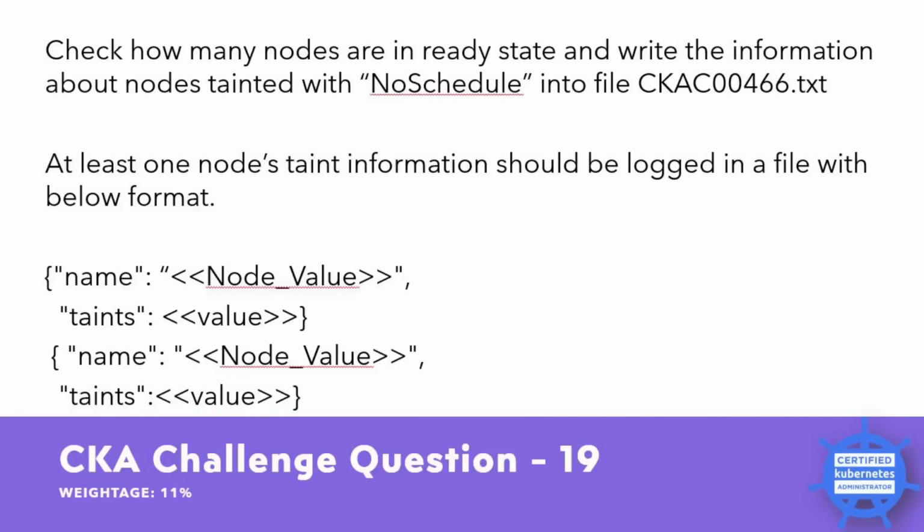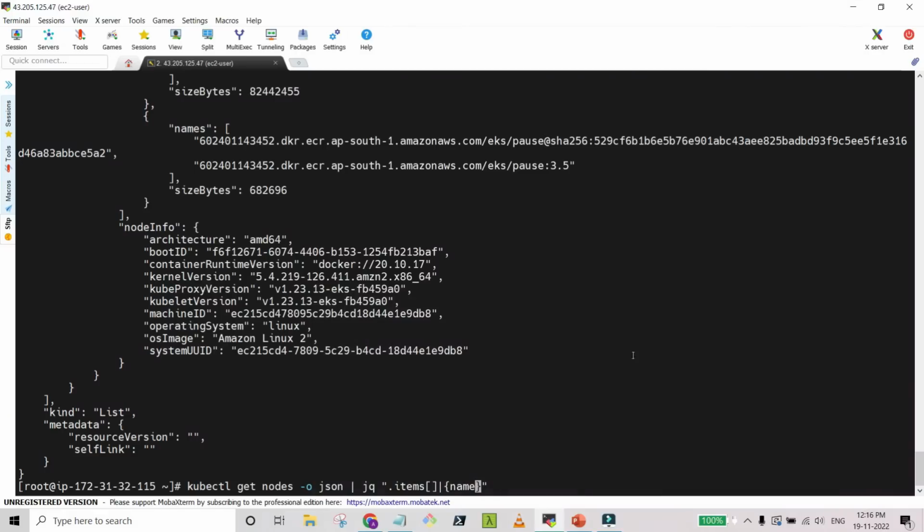Under the braces we can have the name, because it's asking for the name. Okay, so I am writing here the name, and the name we can find in the metadata: .metadata.name. So this will list the node name.